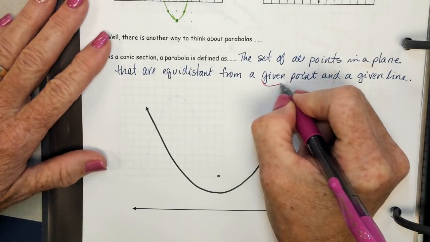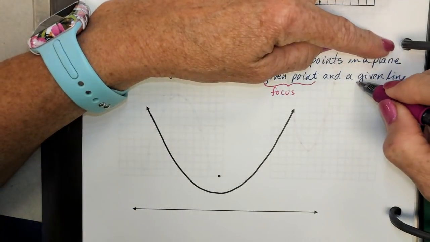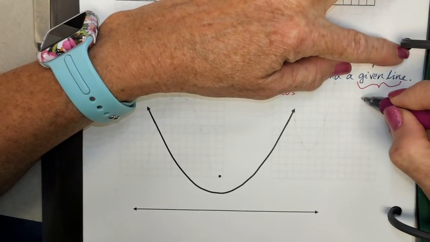That given point is called a focus. That given line is called the directrix.